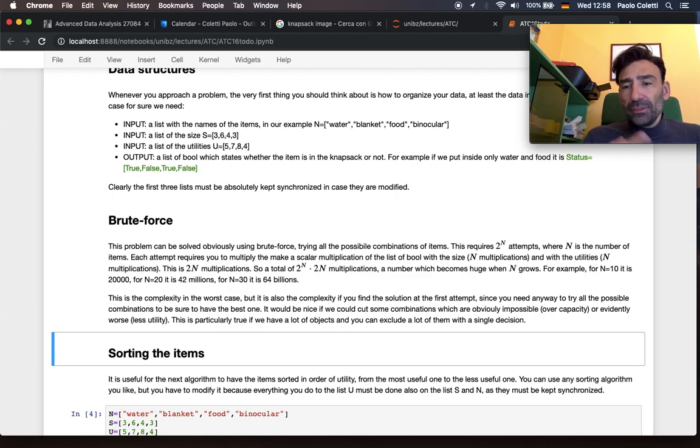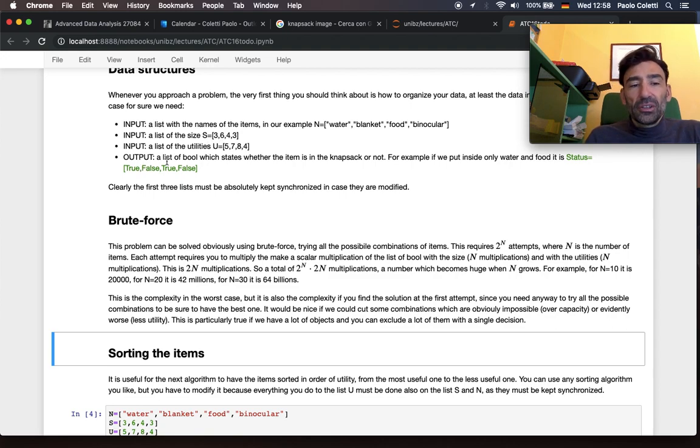Each attempt requires you to calculate the size to check that it's possible to put all the stuff into the backpack, and the utility, because you have to find one with the maximum utility. So size and utility. To calculate the size, you need to multiply each size by true or false.